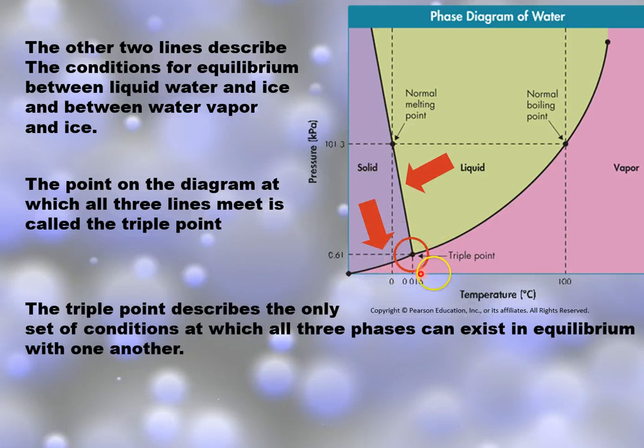The triple point is the temperature and pressure at which we can find an equilibrium between all three phases of a substance, in this case water. So it looks like at 0.61 kPa and 0.018 degrees Celsius, we would see water in all three phases of matter.